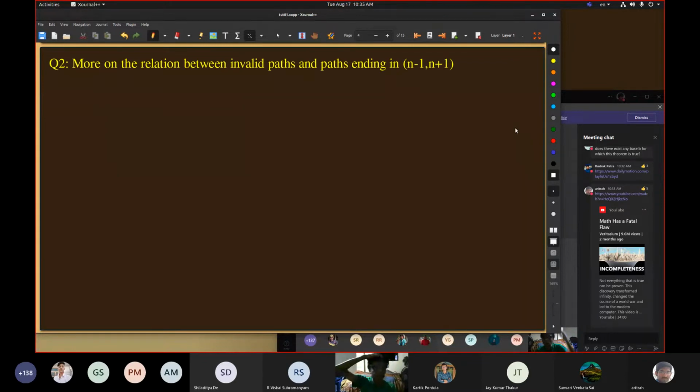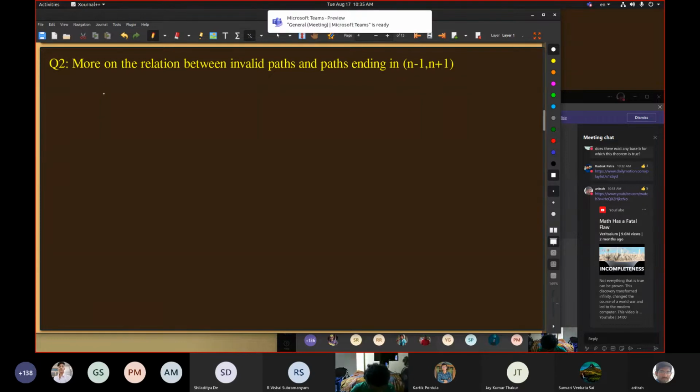Okay, so the remaining questions are focused on this Catalan number deduction and several other issues associated with Catalan numbers. So this is one question.